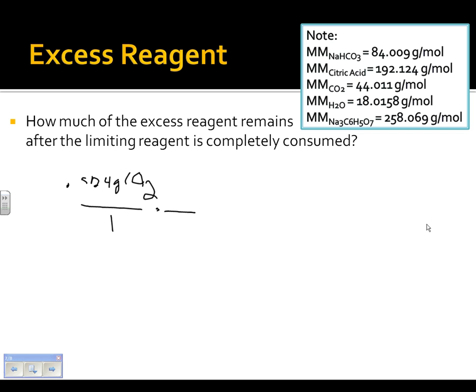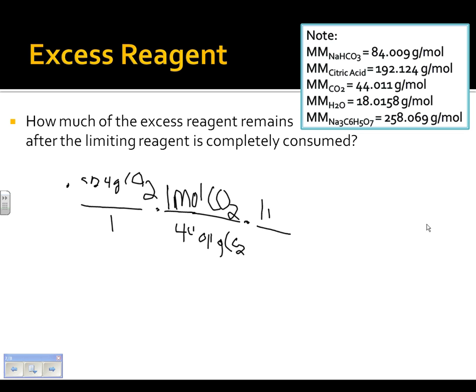Multiply it by 1 mole of CO2 over 44.011 grams of CO2. Smaller mass.